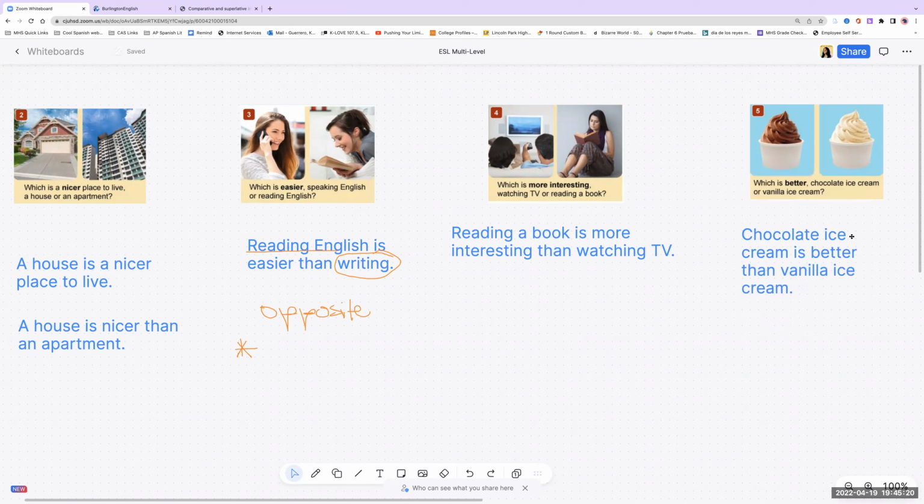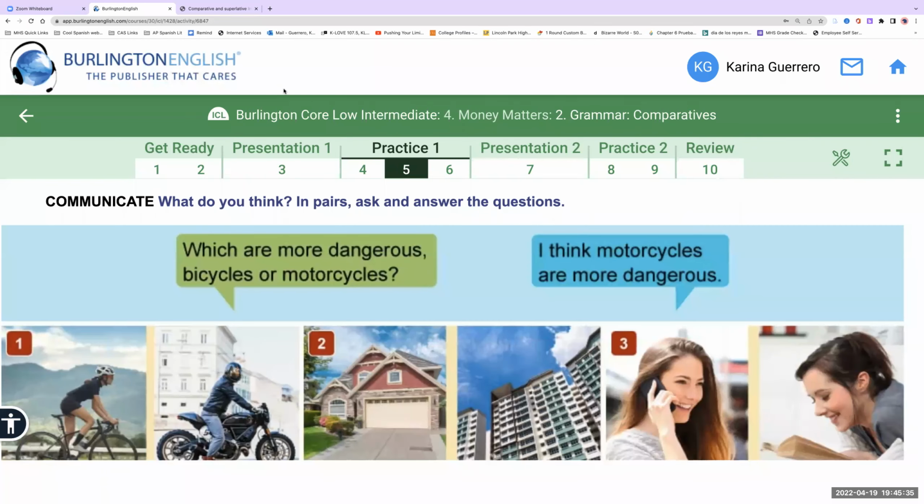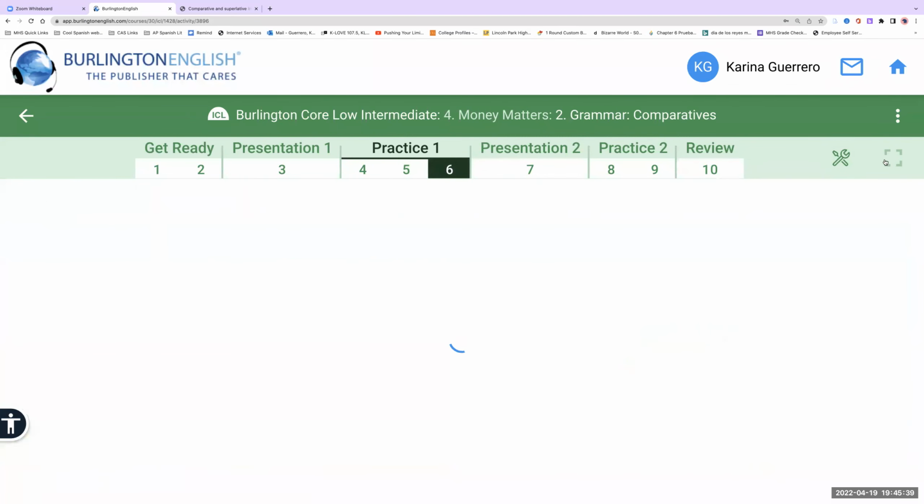So chocolate ice cream is better than vanilla ice cream. And just like I did with 3, I want you to do the opposite. So if you need to pause, please pause. If you don't need to pause, that's fine. But I'm going to continue with practice number 6.